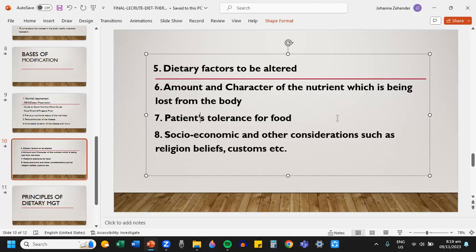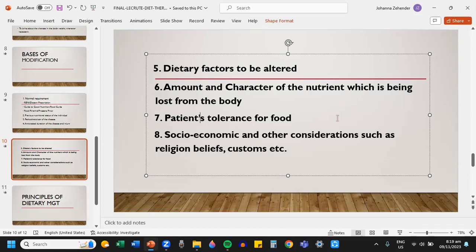Okay, so one example that I just learned during my NCLEX review, we have this kosher diet. Okay, so itong si kosher diet, it is practiced by the Jewish people, especially those in the Orthodox religion.